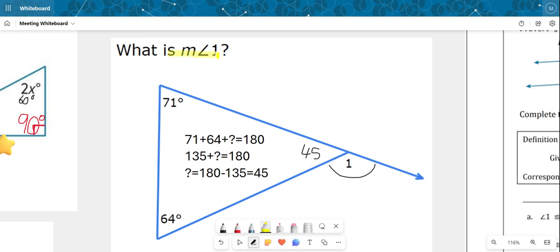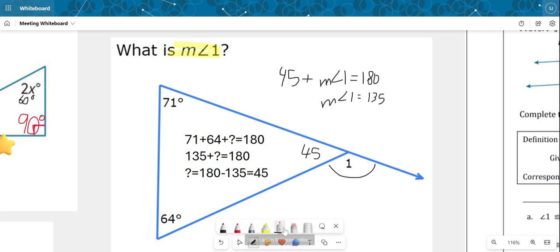You want to know what is the measure of angle 1. Well, what do these two angles make? They're making a straight line, so they have to add to make 180 degrees. So we can say 45 plus the measure of angle 1 has to equal 180. What this means for us is that the measure of angle 1 is just 135.